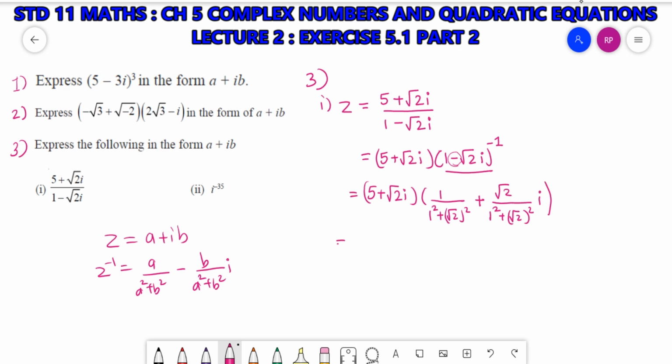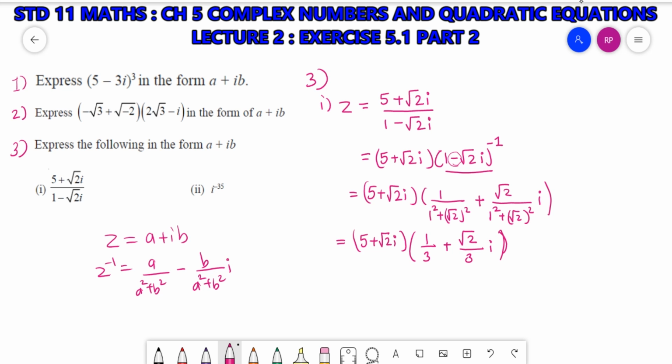So this will be equal to (5 plus root 2i) into 1 upon 1 square plus root 2 square, that is 2. So 1 plus 2, 3, plus root 2 upon 1 square plus root 2 square, 2, that is 3i.